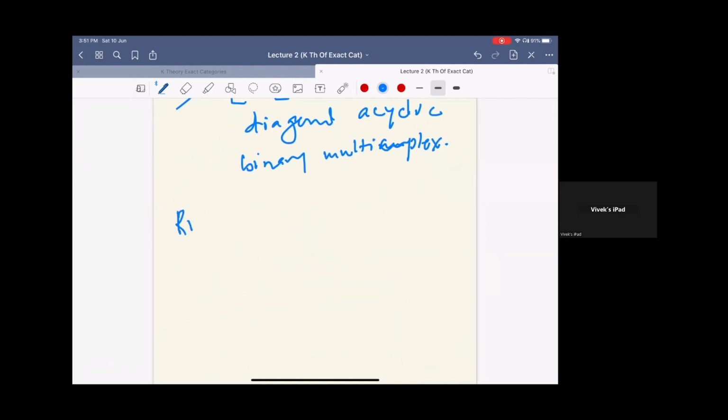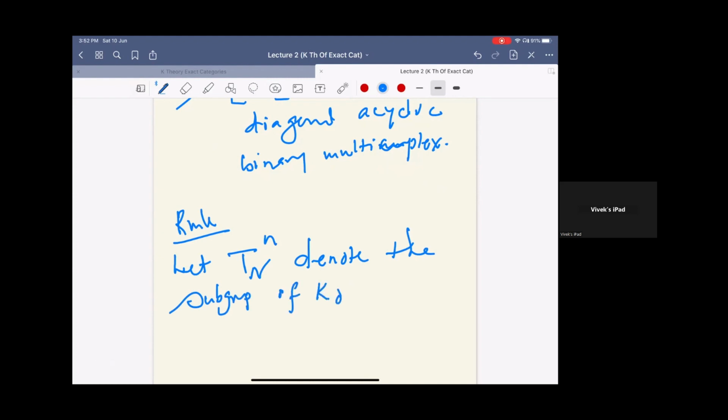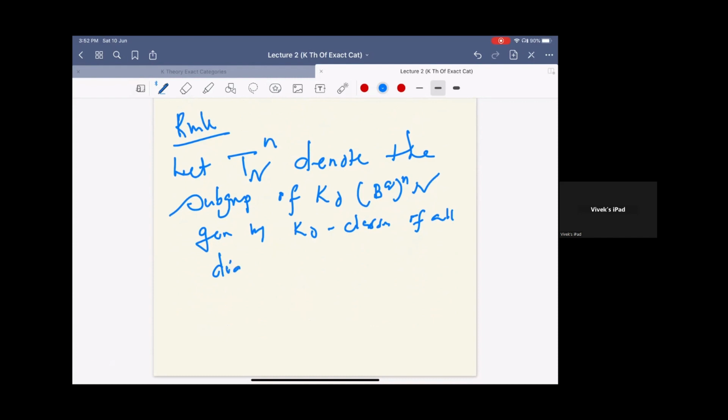So remark. Let T_n denote the subgroup of K0 of BQ_n generated by K0 classes of all diagonal multicomplexes in BQ_n.